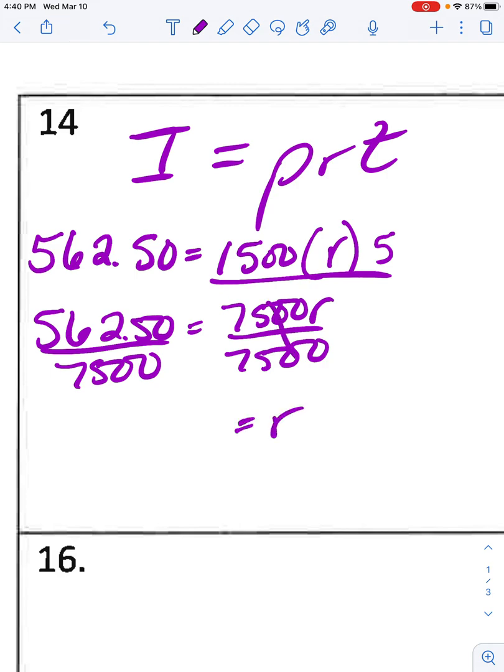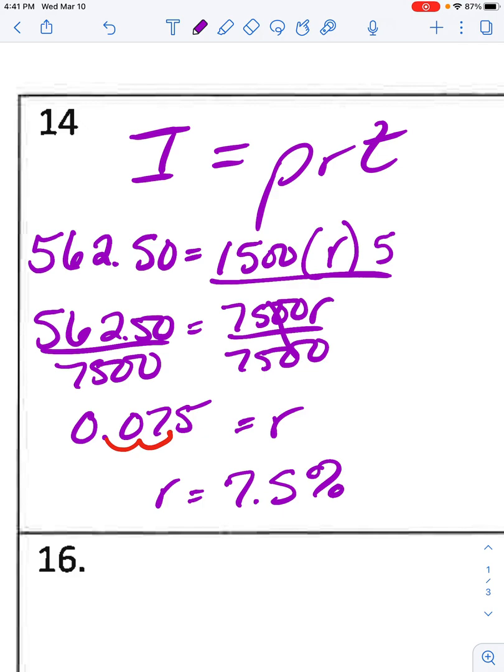When we do 562.50 divided by 7,500, we get 0.075. Remember, rates are always as a percent. So we're going to move that decimal twice to the right. So the rate is 7.5%. Okay.